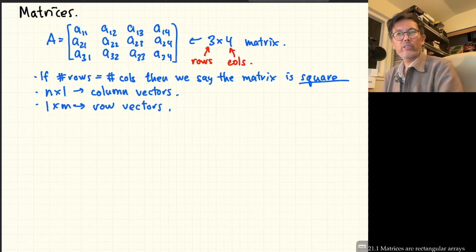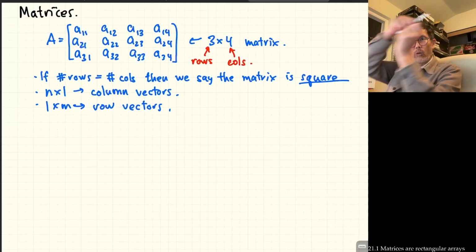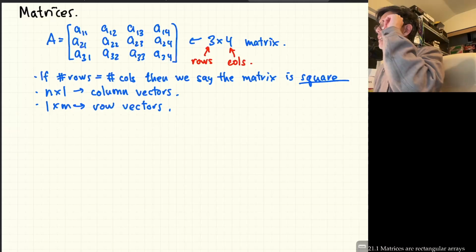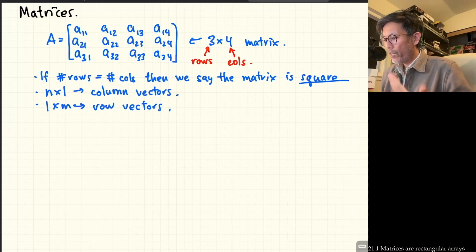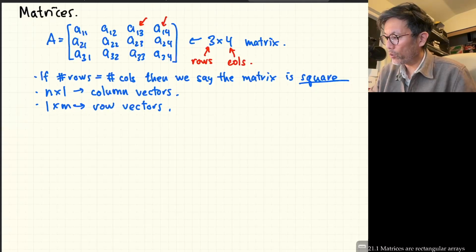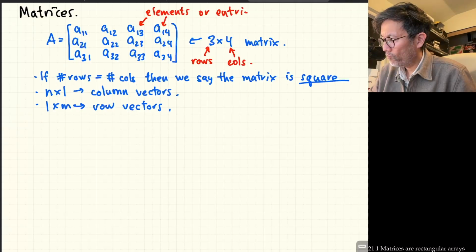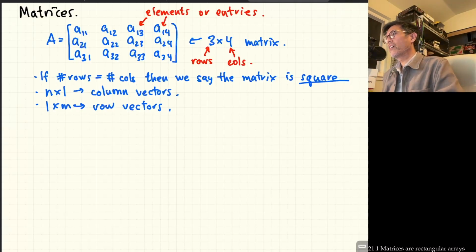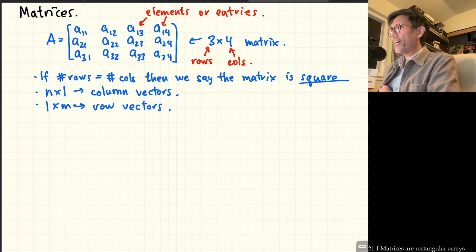Maybe for obvious reasons. They look like just a single column or a single row. Okay? Good. We also call these numbers elements or entries. Just throwing some more terminology out at you. Okay?